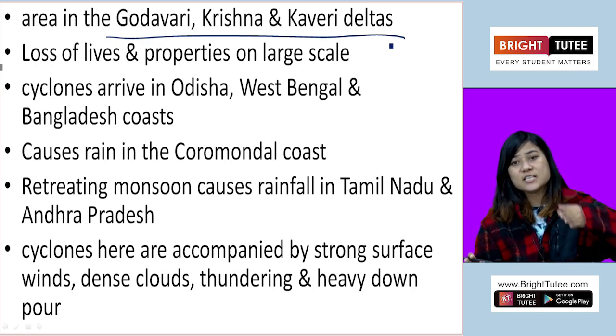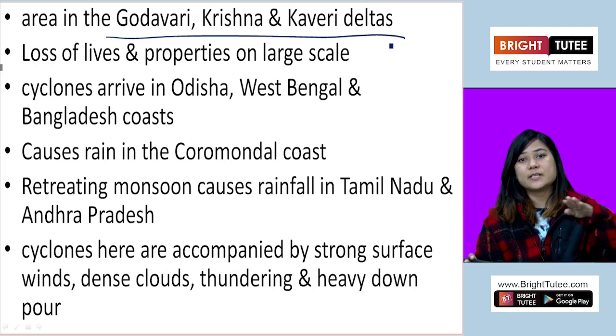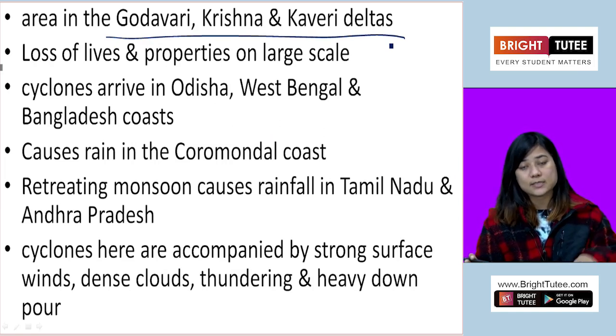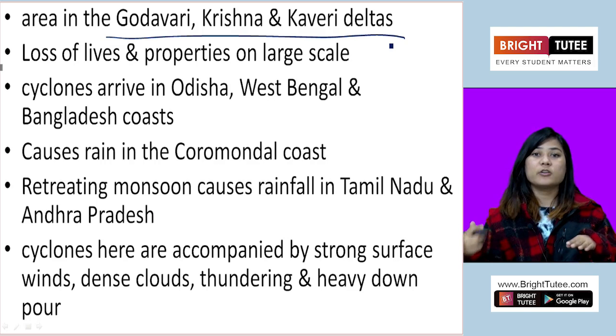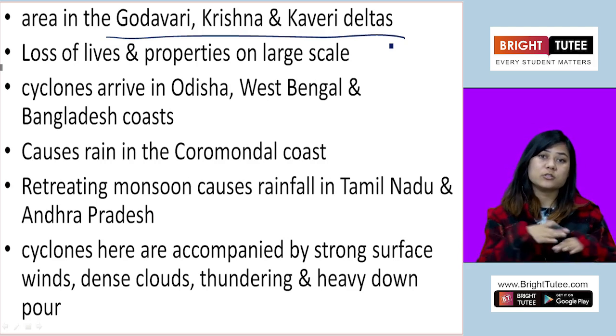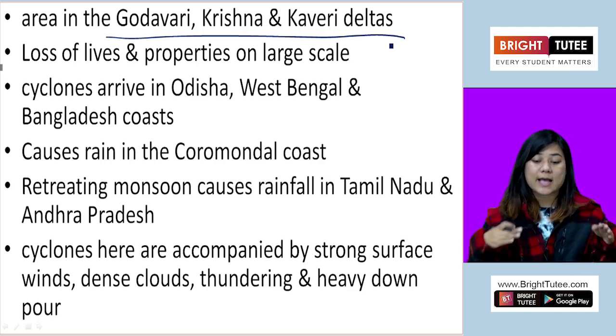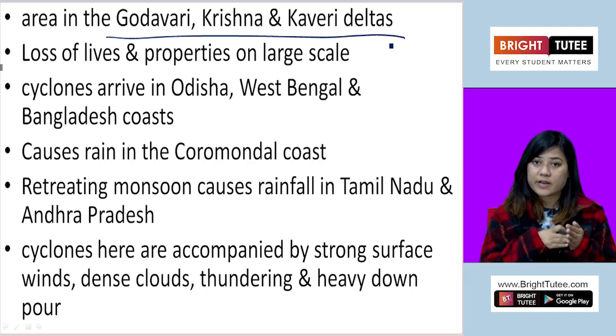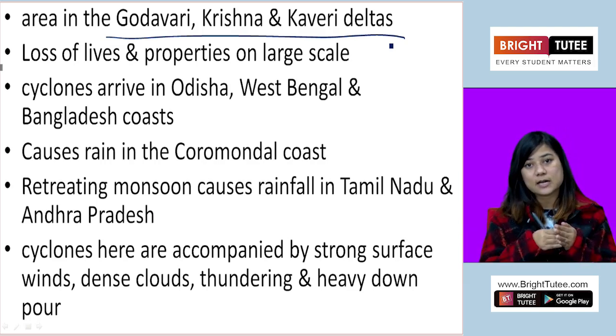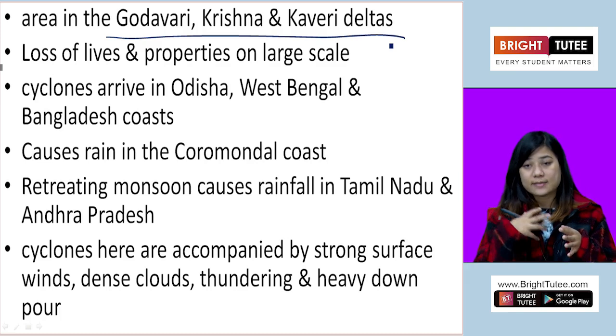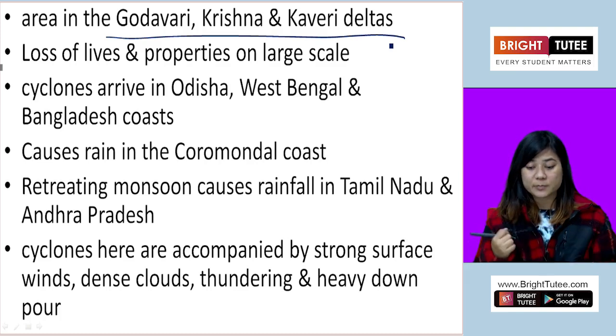So these rivers and these areas lie along the eastern Ghats. Now the cyclonic depressions cannot cross over the eastern Ghats. As a result, they cause rainfall. They hit the eastern Ghats, they shed the moisture, and as a result, rainfall is experienced.